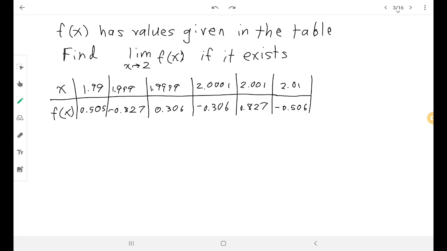And so when we're looking real close at 2, when we're looking at this theoretical middle here, it doesn't really make sense that we're approaching anything at all. These numbers seem to bounce around in sort of a random way.